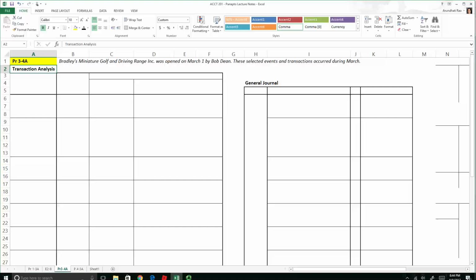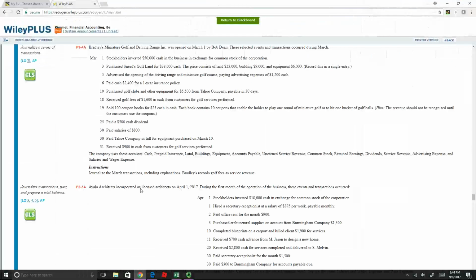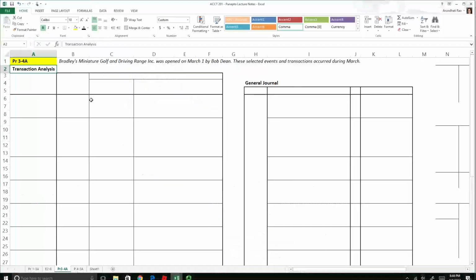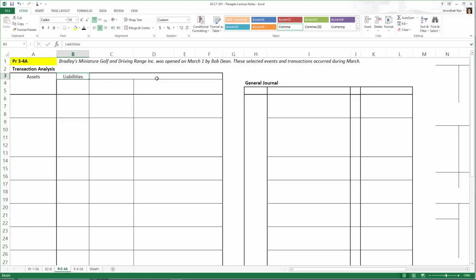So the very first transaction on March 1st: stockholders invested $50,000 cash in the business in exchange for common stock of the corporation. So I want to analyze the transaction. I want to see its effects on assets, liabilities, owner's equity.